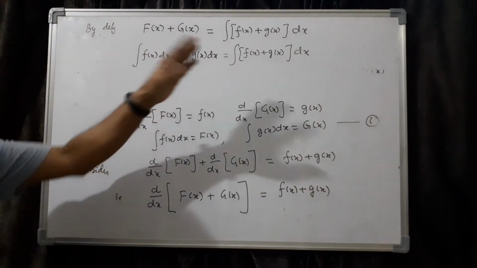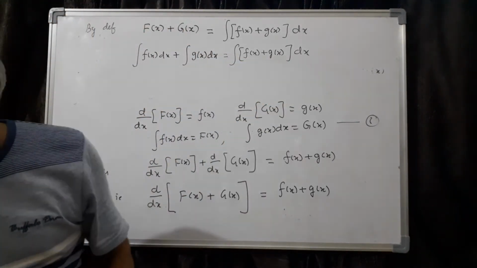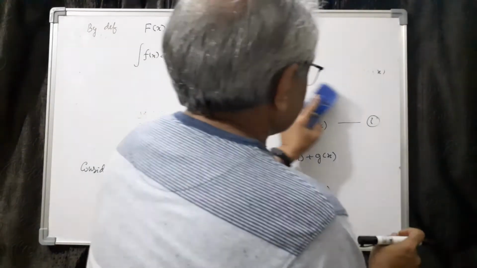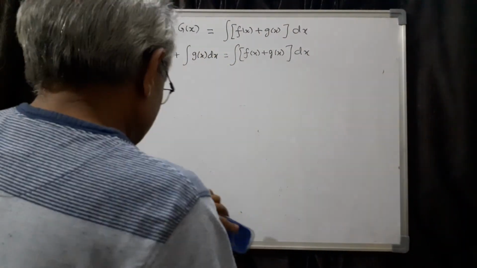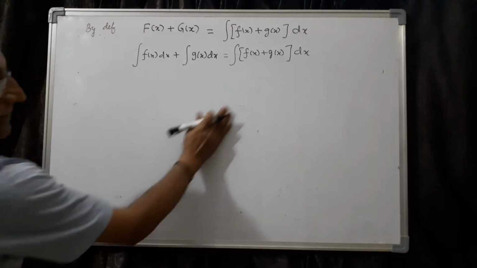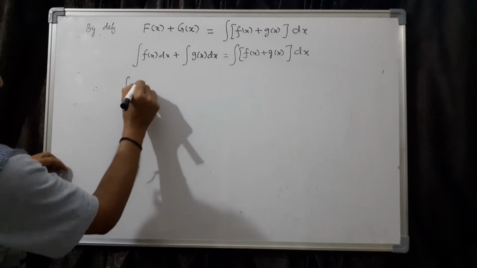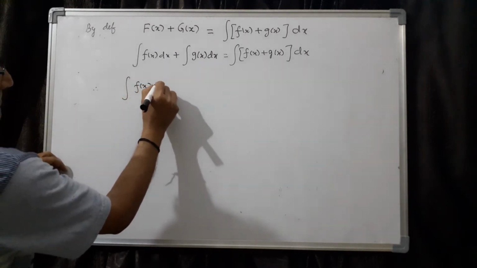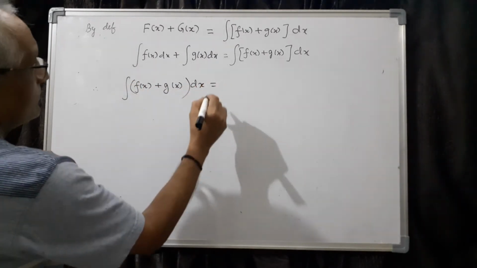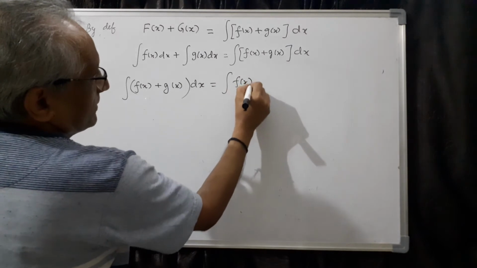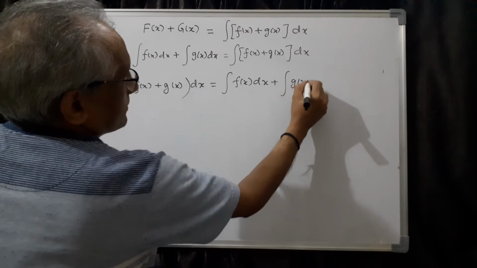Now of course you have to write in the reverse order, because this is our left hand side and this is our right hand side. Therefore, we can say the integration of f(x) plus g(x) dx equals the integration of f(x) dx plus the integration of g(x) dx.